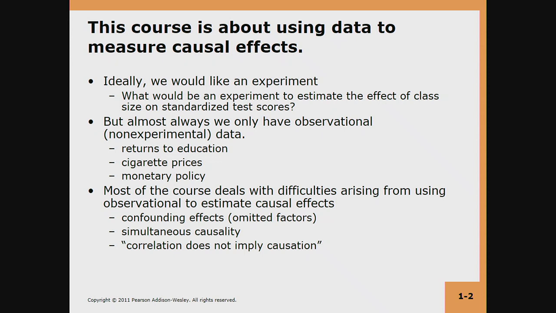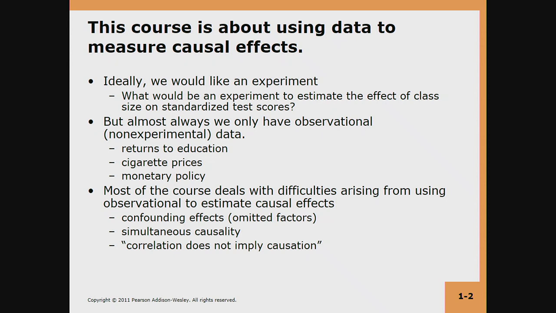However, that's difficult to do in economics. We can't randomly assign people to one regulation and randomly assign other people not to a regulation. Also, there's legal problems with being able to try to do an experiment like this, especially for things like student test scores.